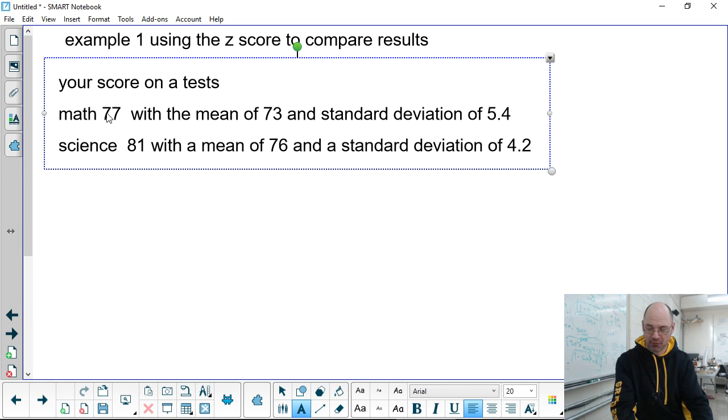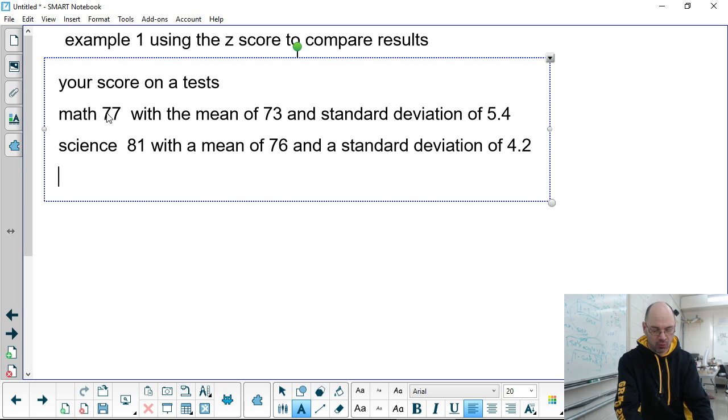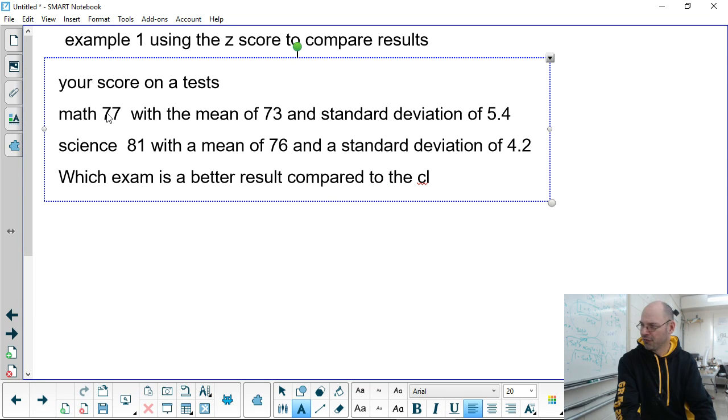Okay, and which exam is a better result? Use Z-scores. Let's say compared to the class. Okay. Use Z-scores.